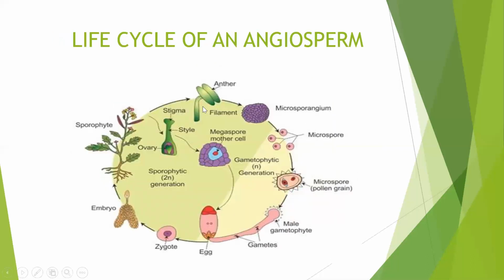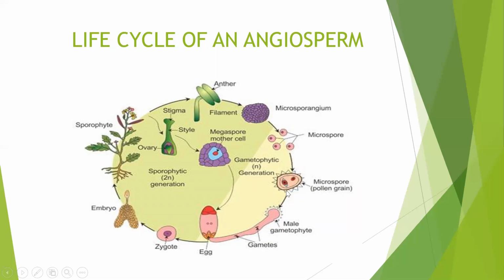Now you can see this is the life cycle of an angiosperm. Whatever you have studied, you can see over here. This is actually a mustard plant, where this is the female reproductive part, that is the pistil, and this is the male reproductive part. In the female reproductive part, the megaspore mother cell finally forms the embryo sac. The anther produces pollen grains.